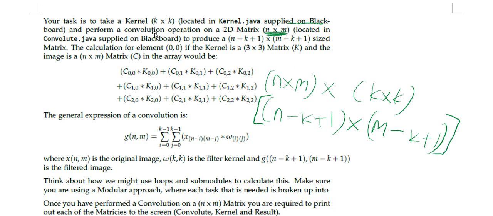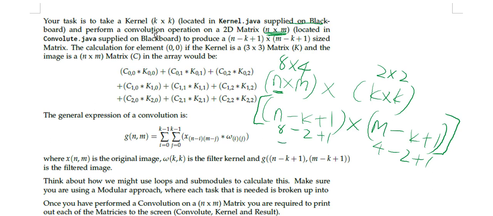Okay, I'll give you an example. Say this n times m is 9 times 4, and this kernel k is 2 times 2. So n is 9, and minus k is 2, so 9 minus 2 plus 1 times 4 minus 2 plus 1.